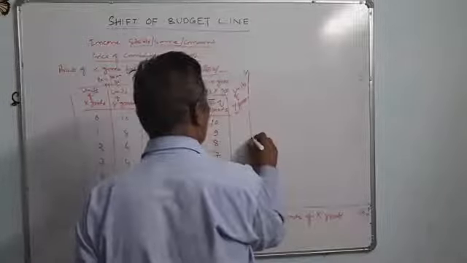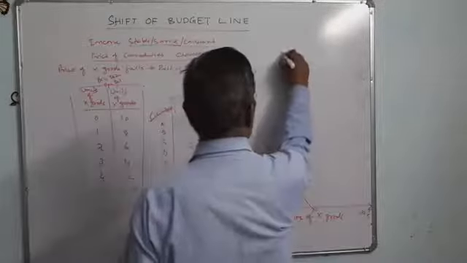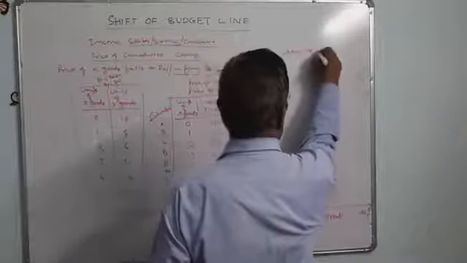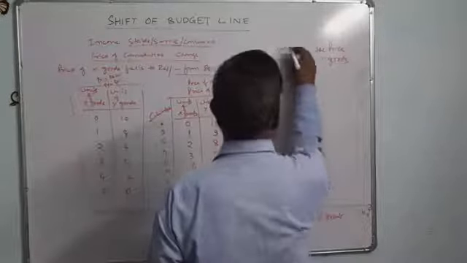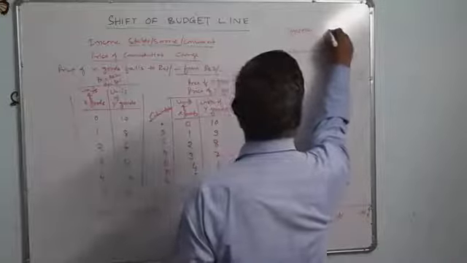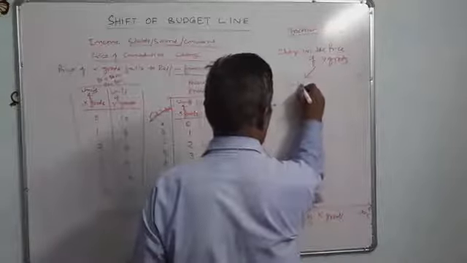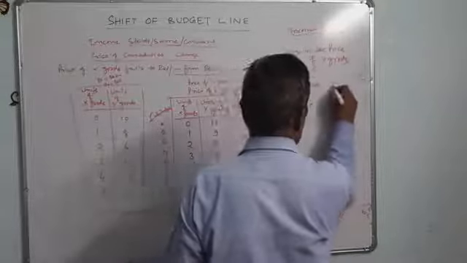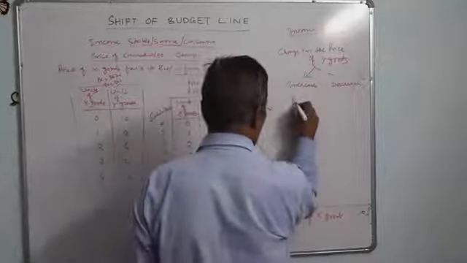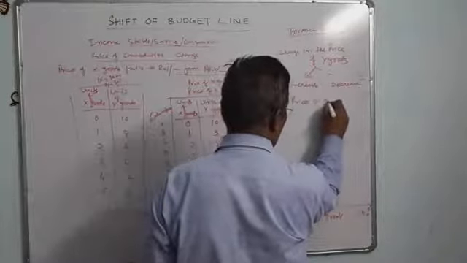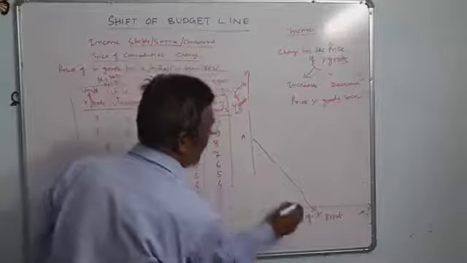Suppose this is budget line A. First condition: change in the price of Y goods but income the same. A change in price means the price first increases and second decreases. If the price of Y goods increases, the demand for Y goods will be less.